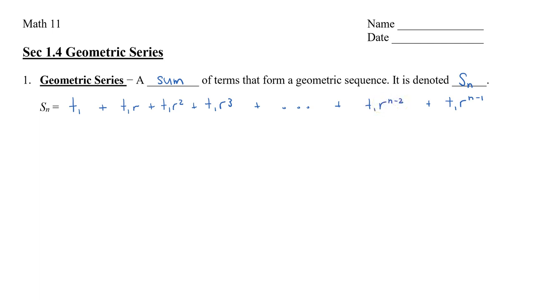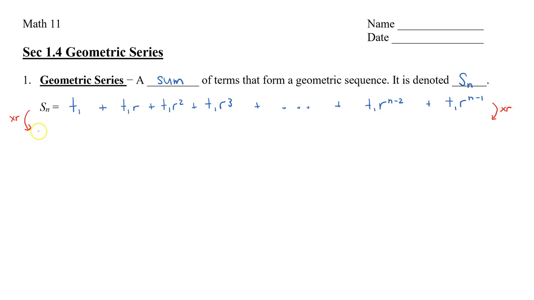All right, now when we did the arithmetic series formula, we had it written backwards. So what I'm going to do this time is something a little bit different. I'm going to take my first series and I'm going to times it by R, both sides.